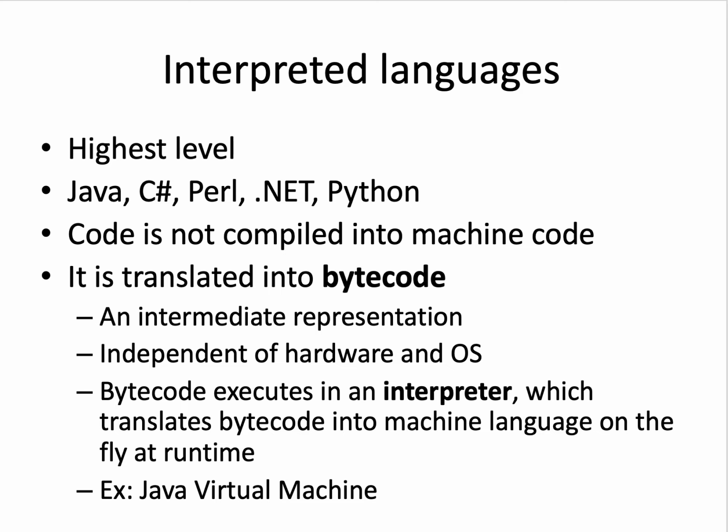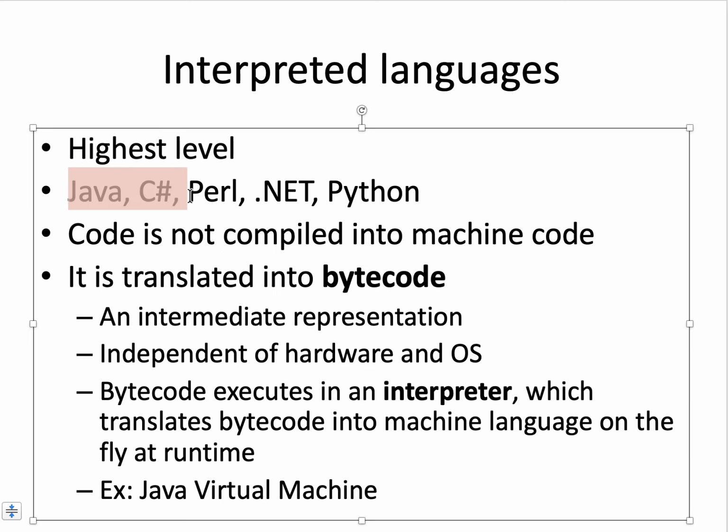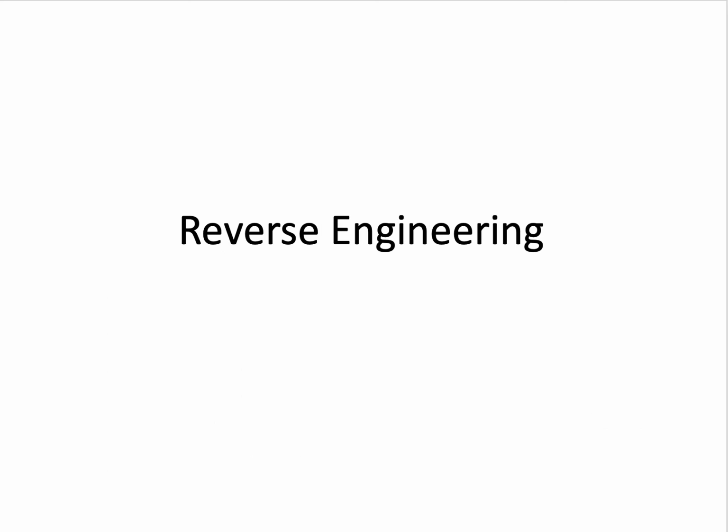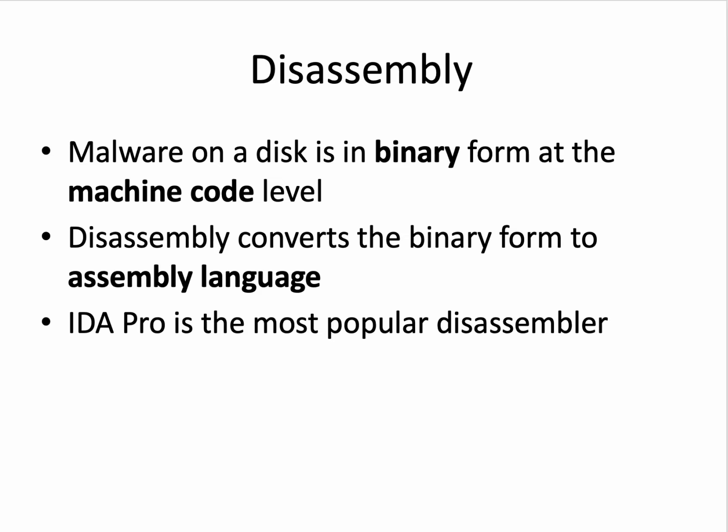As I said, there are interpreted languages, where the code is not compiled into machine code. It is translated into bytecode. The reason we use C and not Java, C Sharp, Perl, .NET, or Python is the concept of reverse engineering, the idea of disassembly.